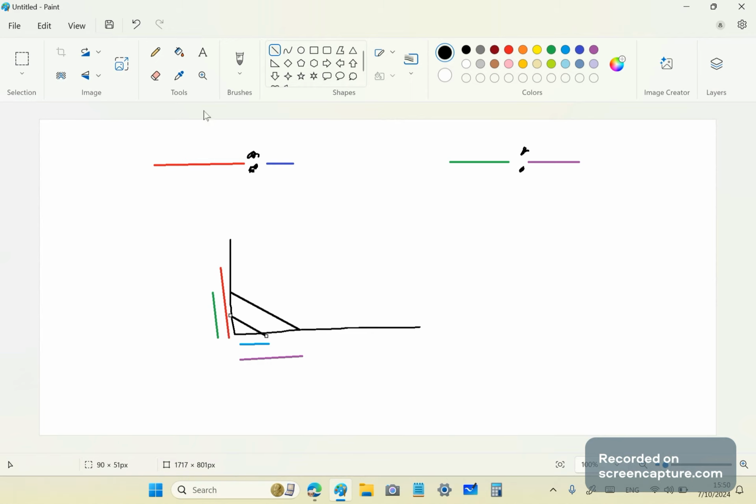And this little distance here is the new antecedent here, okay? So it'd be this and this, okay?